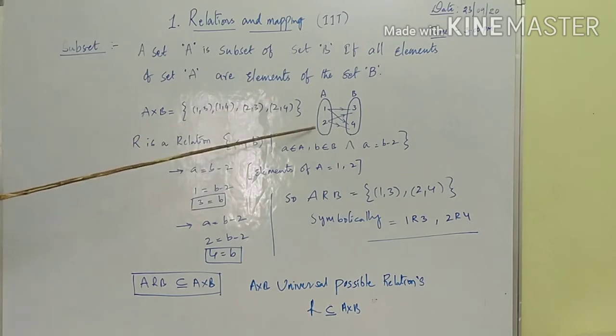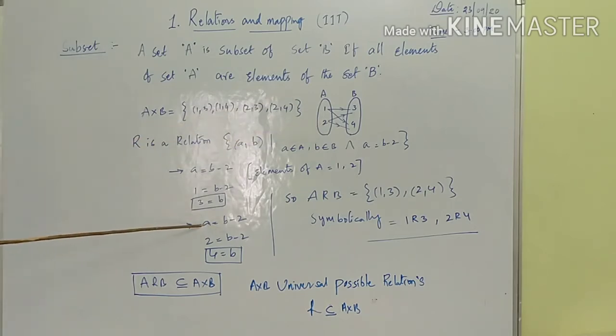The remaining element is 2. Substitute 2 for a in our condition a equals b minus 2, so 2 equals b minus 2. Transposing minus 2, b equals 4. So the element 2 is related to 4.